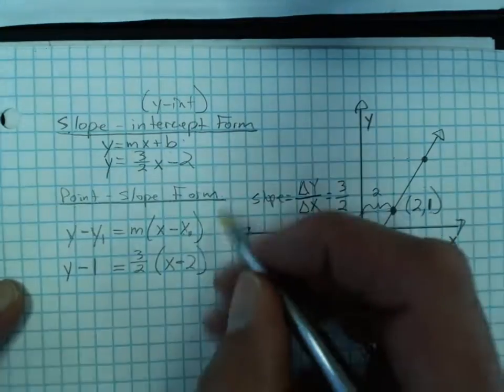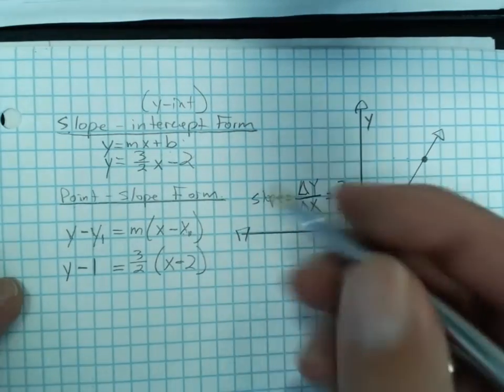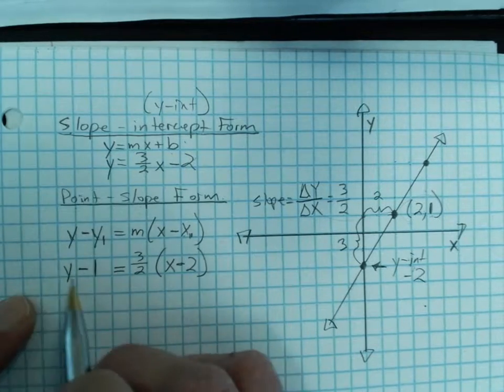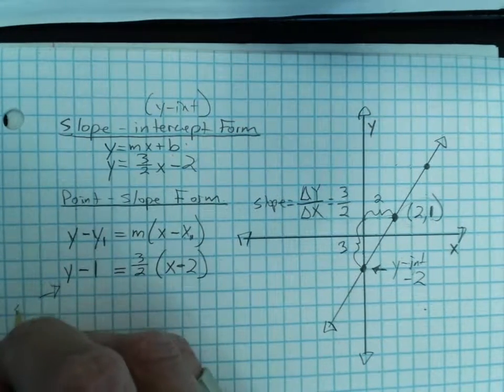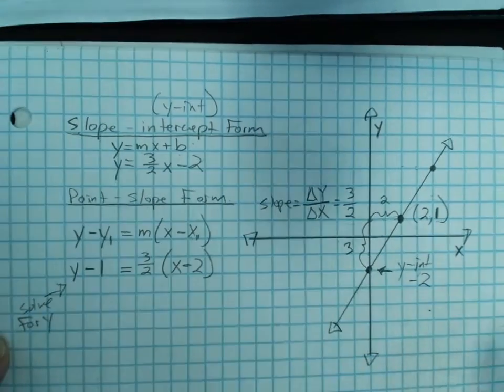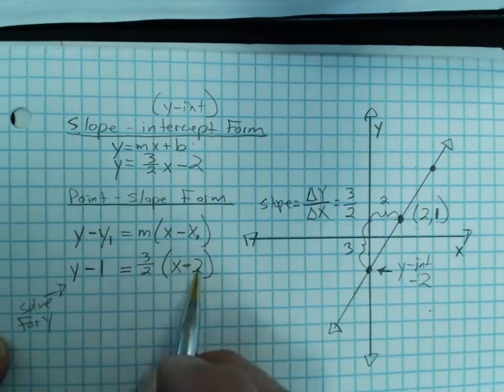So how are these two connected? Well, to connect those, I'm just going to solve for y. When I solve for y, I've got to use the distributive property here.